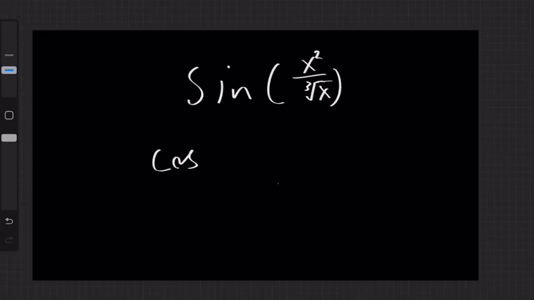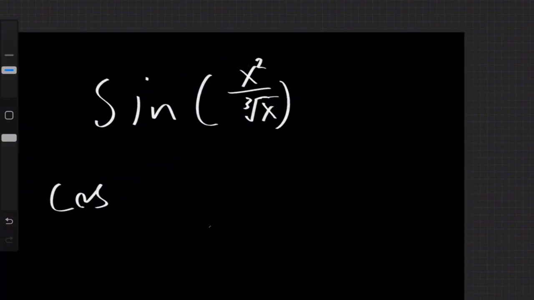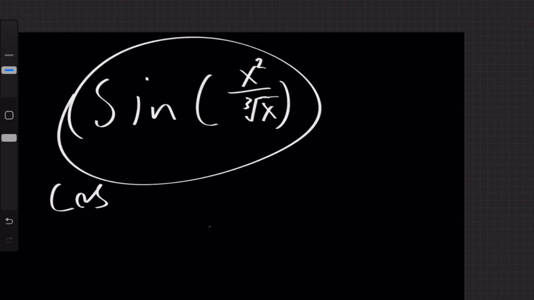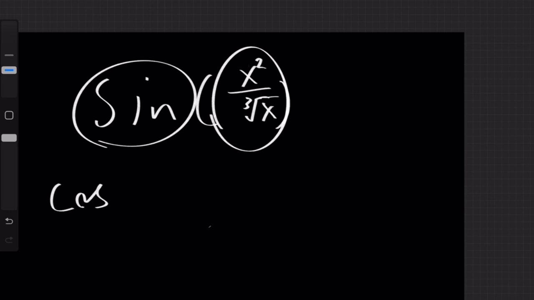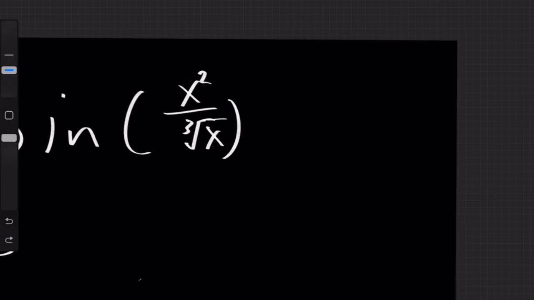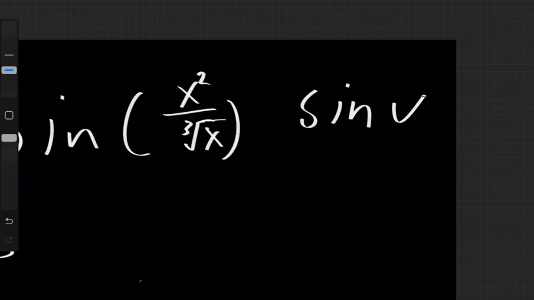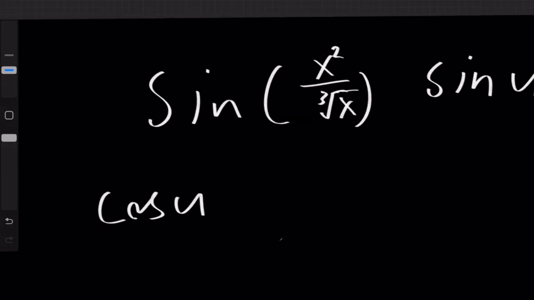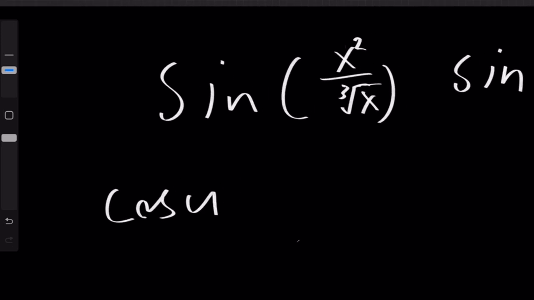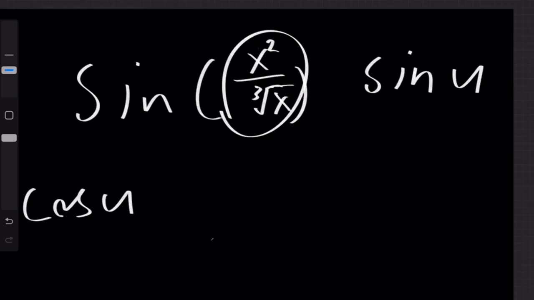And remember, we're applying the chain rule here because there's a lot of stuff going on. We can't find the derivative of this whole thing, so we find the derivative of sine first, and then the derivative of the function inside. So we're finding the derivative of sine of u, which would be cosine of u. And what is u equal to? u is equal to this. And what's the derivative of this?